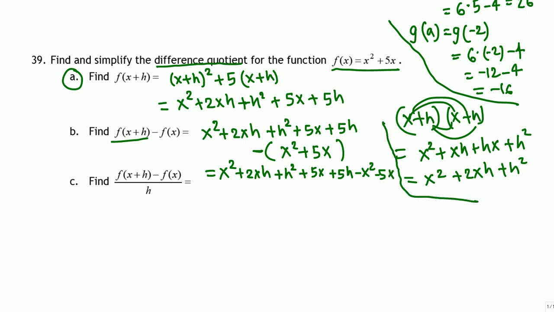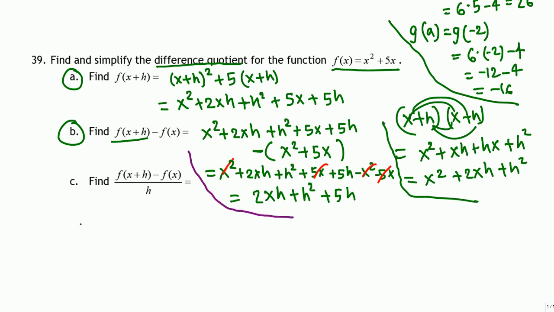Now we'll have a couple of cancellations: 5x with negative 5x, x squared with negative x squared. So we get 2xh plus h squared plus 5h. That's part b. Now we want to go to part c.